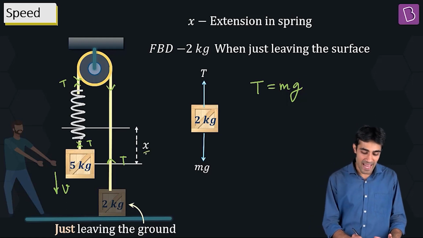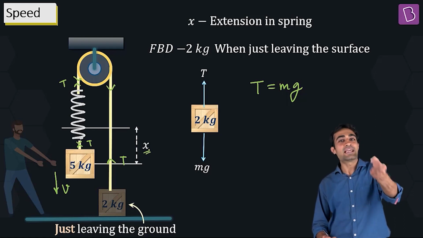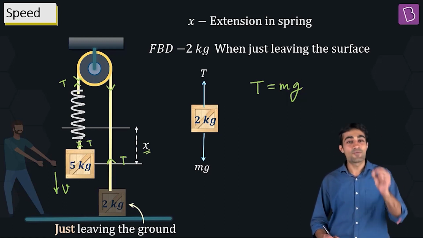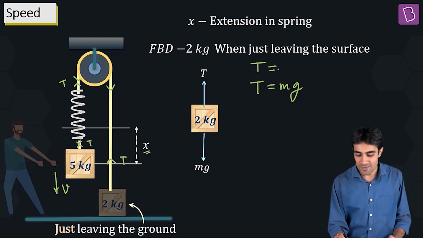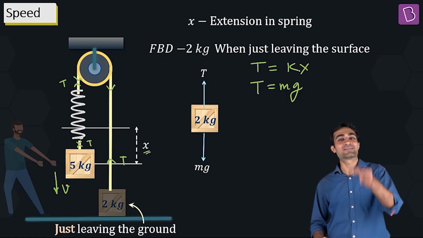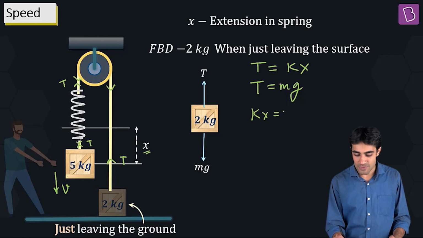Well, if we consider x to be the extension, we can say the tension force is equal to the spring force Kx. Tension force is equal to the spring force, which is Kx at this point. And from this we can see when Kx is equal to mg, the value of x is mg by k.